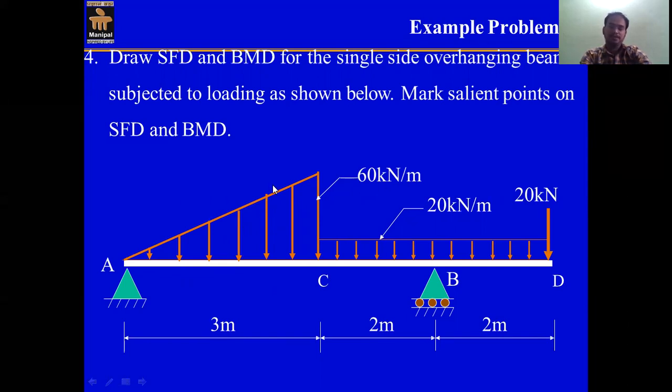It is passing through the centroid. Where is the centroid for this? This is a right angle triangle. So the centroid for this right angle triangle will be 1/3 from the base, or 2/3 from the vertex A. From the base it is 1/3, and from the vertex it is 2/3.